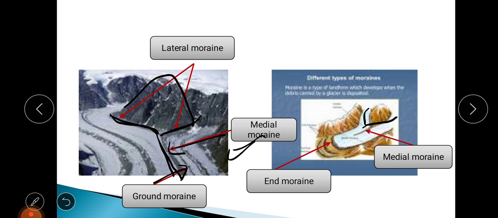Here also, this middle one is the medial moraine. These are the deposition of boulders, pebbles, and other materials which are carried along with the glacier. These are basically moraines. So when two lateral moraines join and flow in the middle, that is medial moraine.